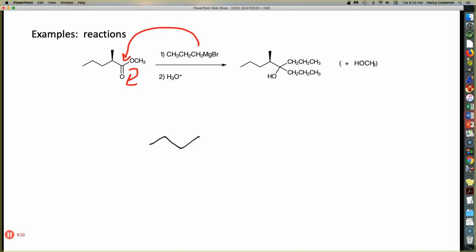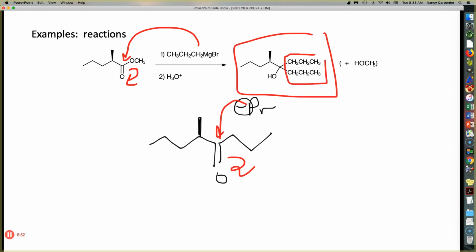And if I think mechanism, I'm going to think I have this, and then I'm going to say, but wait, it's not special. The ketone is more reactive than the ester, so my propyl group will react again to give me the addition of 2 propyl groups and the tertiary alcohol.